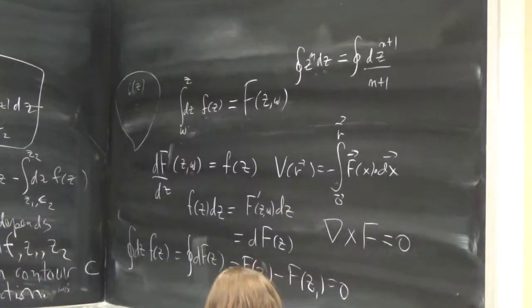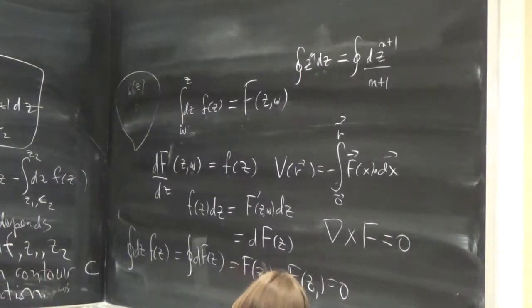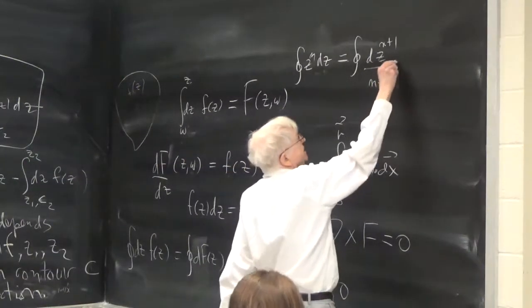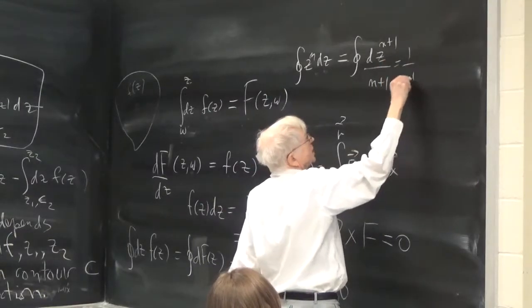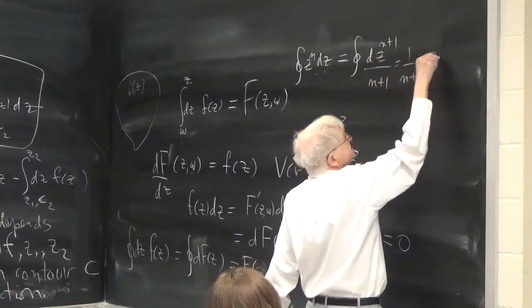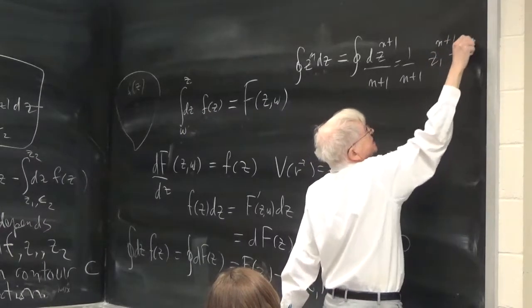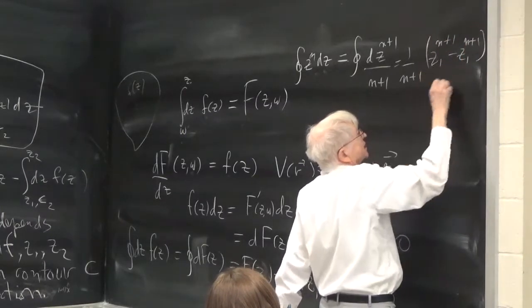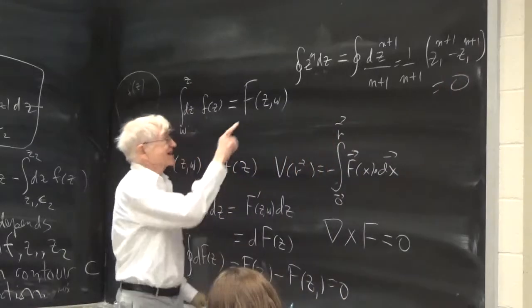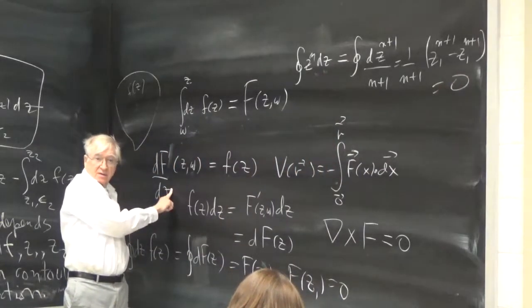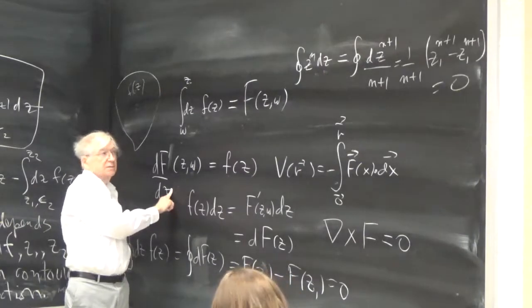Because d of z to the n plus 1 is n plus 1 times z to the n dz. On the other hand, this then is 1 over n plus 1 times z1 to the n plus 1 minus z1 to the n plus 1, which is 0. So this is an example of this general result.